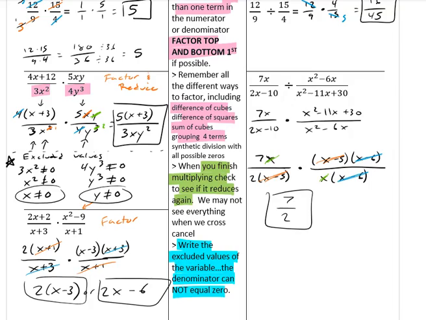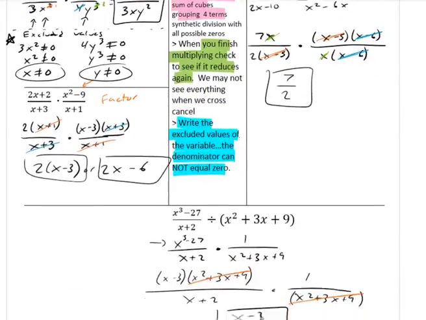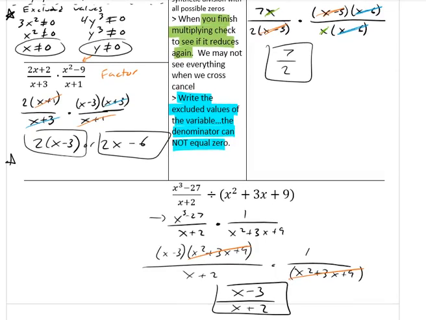We can do that for all these problems, and we actually have to do it for all these problems. So if I look at this one here now, excluded values would be my denominators set equal to 0.